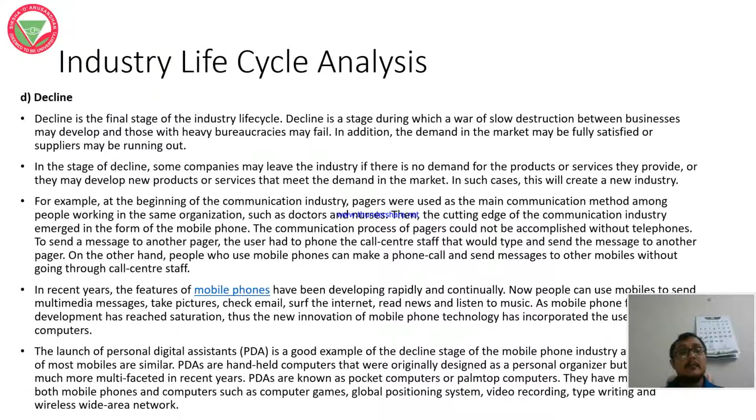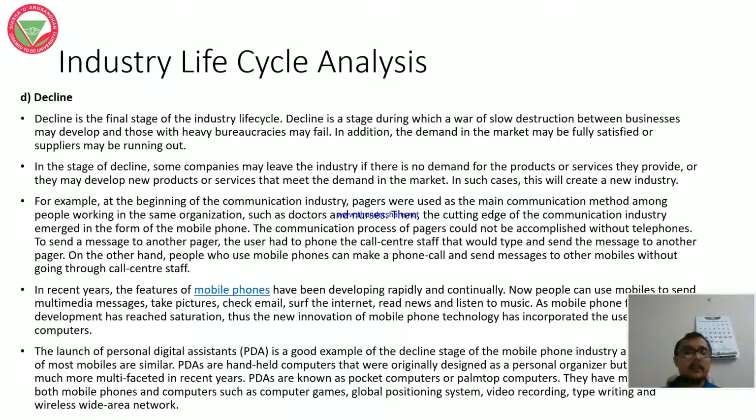On the other hand, people who use mobile phones can make a direct call or send message to other mobiles without going through the call center staff. That is the position when the declining phase for your pager started. In recent years, the features of mobile phone have been developing rapidly and continually.